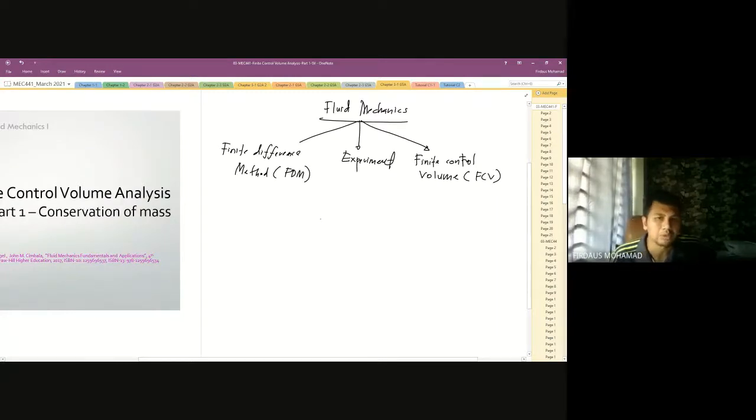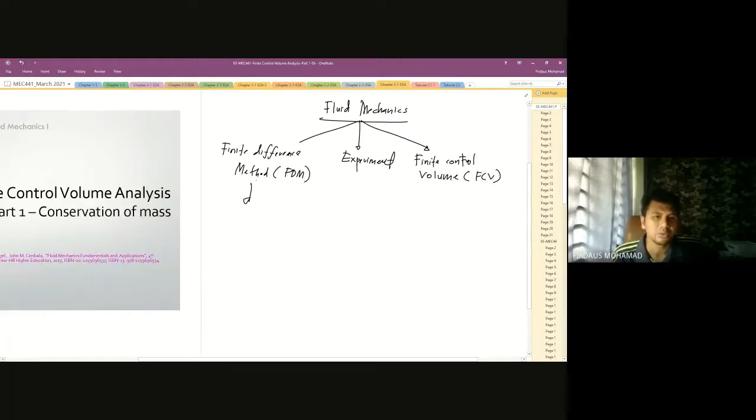So what is finite difference method? Of course, if you refer to the name, finite difference method means that we need to differentiate in order to get the result, or the variable at the nodes.